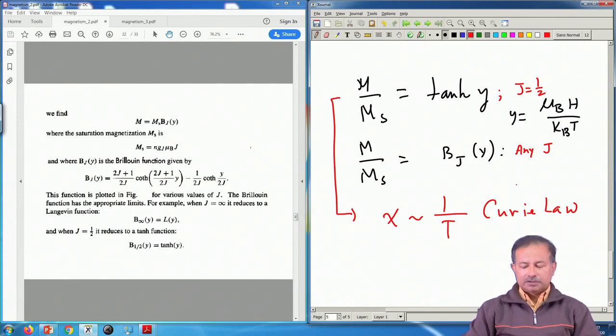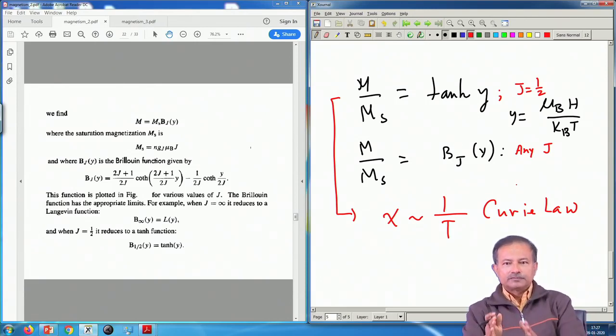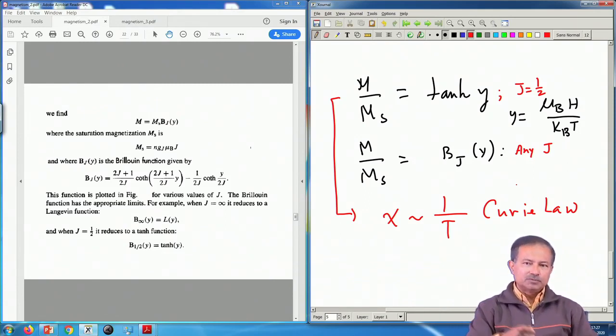It is a very important law because if you find in an experiment that your magnetic susceptibility behaves like 1 over T, then you know that there are free spins, free moments in the system, responding to your magnetic field, and these moments are not really interacting with each other.